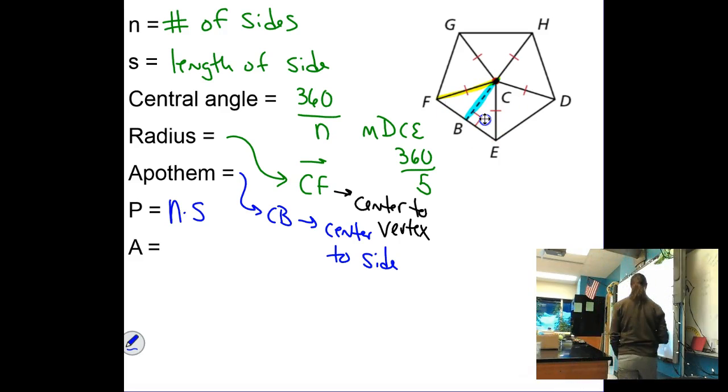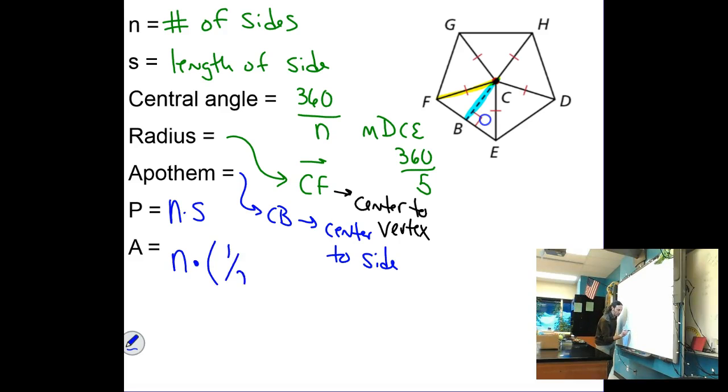And it develops a very cool formula. The area of this entire figure is the number of triangles times the area of each triangle.